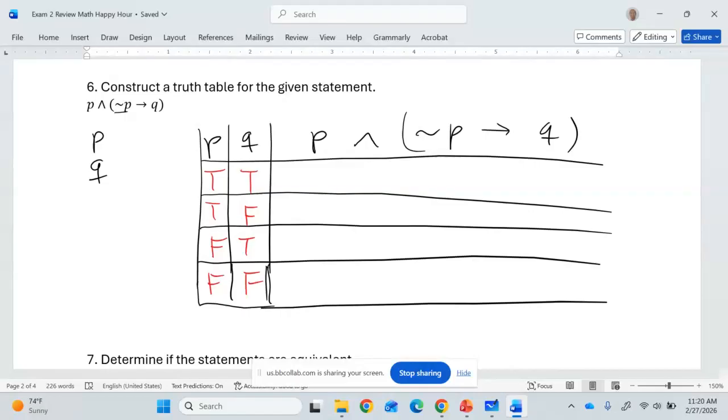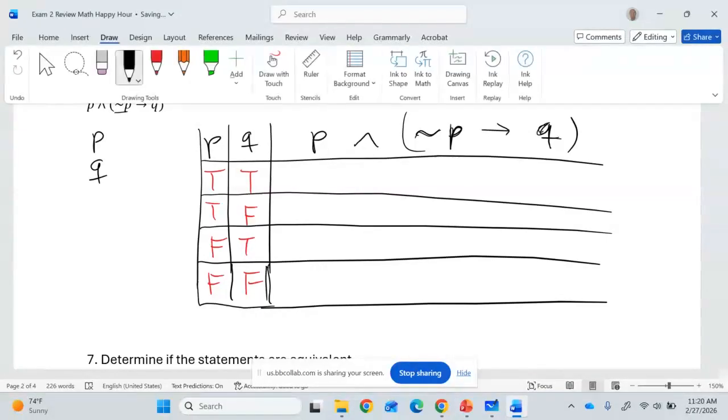So next, to do the table, I like to start using PEMDAS. So I should start either inside the parentheses and either on the left or on the right with the not P or the Q. It doesn't matter which one you start with. I'm going to start with Q just because since there's nothing on Q, all I need to do is copy the exact values that Q has.